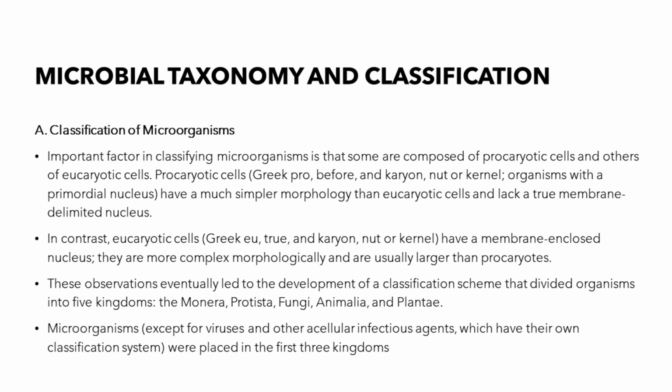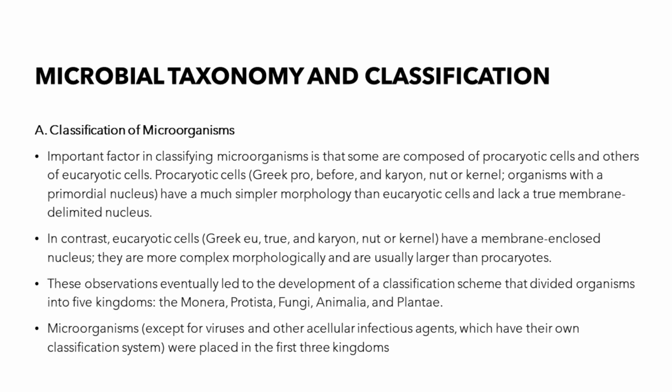Microbial taxonomy and classification. Classification of microorganisms. An important factor in classifying microorganisms is that some are composed of prokaryotic cells and others of eukaryotic cells. Prokaryotic cells, from the Greek pro, before, and karyon, nut or kernel, are organisms with a primordial nucleus.